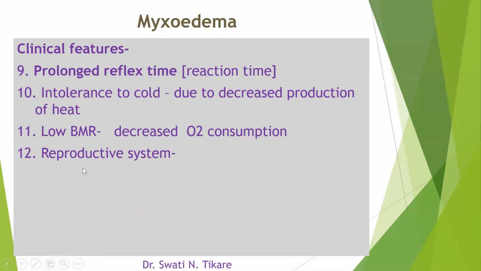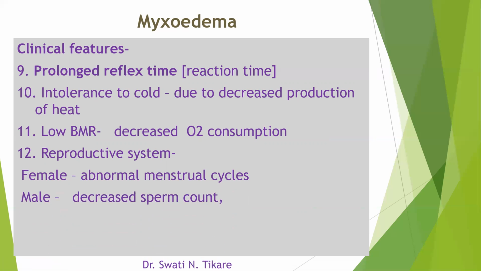Next, the reproductive system is totally affected in both males and females. Females have abnormal menstrual cycles and usually there is menorrhagia. In hypo, that is myxedema, there is menorrhagia. In males, there is decreased sperm count, and in both, there is loss of libido or sexual desire.